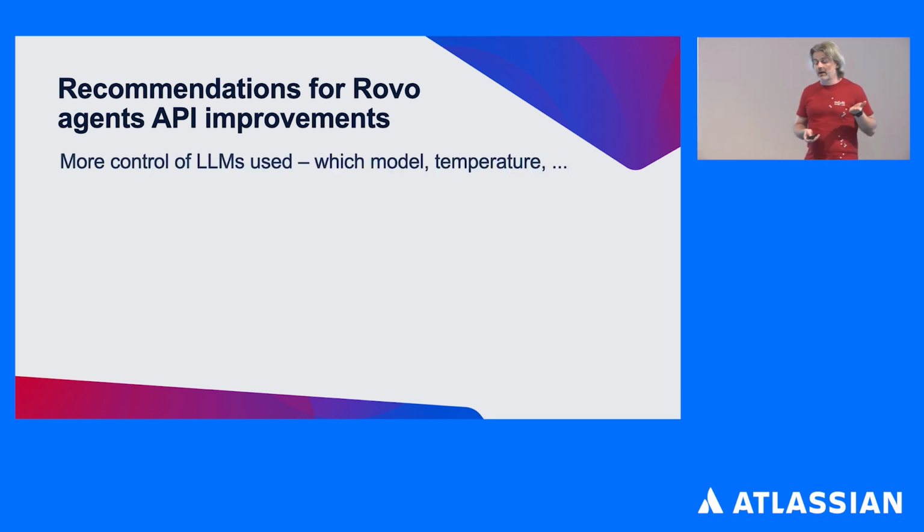At first, it would be better in Rovo agents if you could have more control of the LLMs used. Historically we know that Atlassian is using OpenAI, so probably it will be some GPT-4 or GPT-4o, but now they're saying they might use some other models. What we have seen is that results might differ quite a lot.